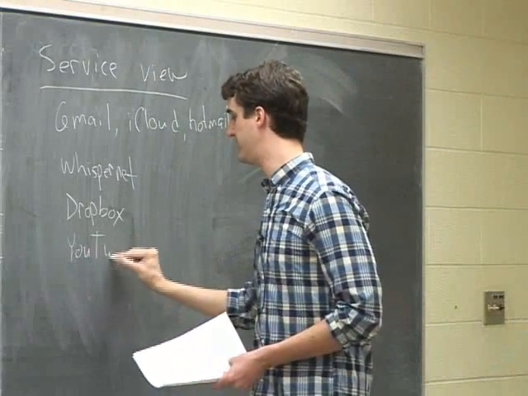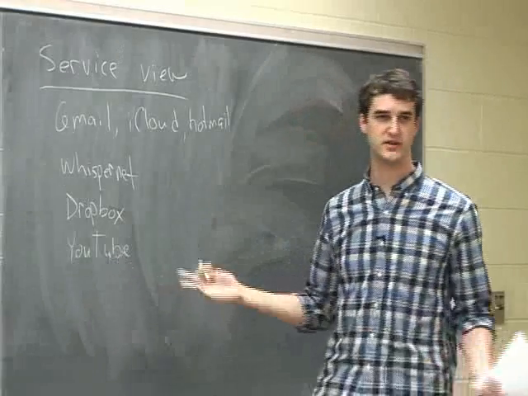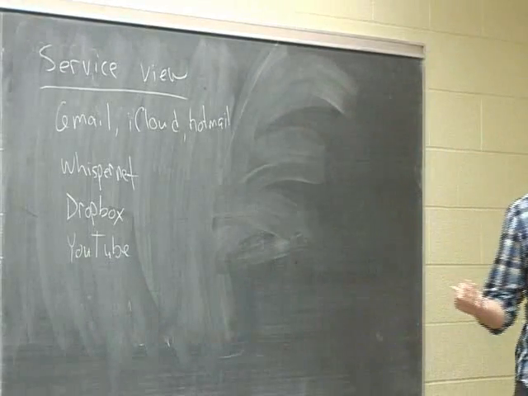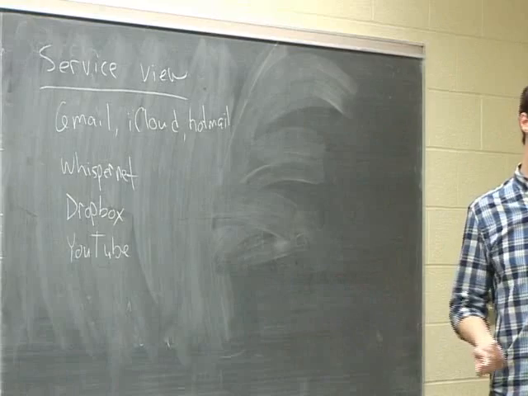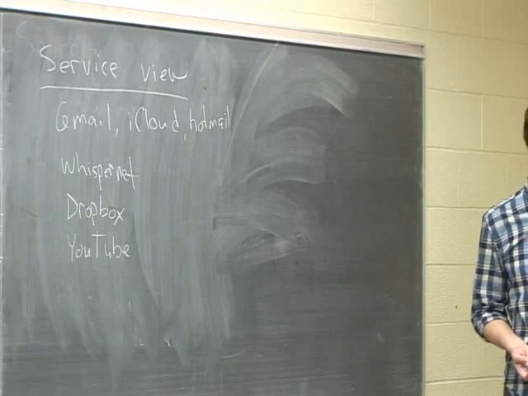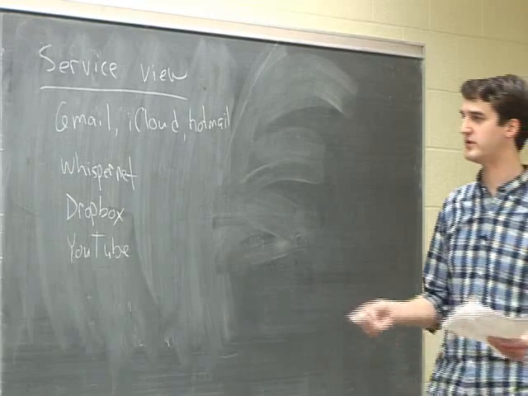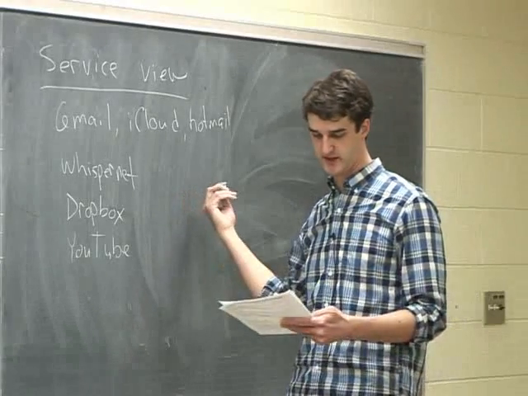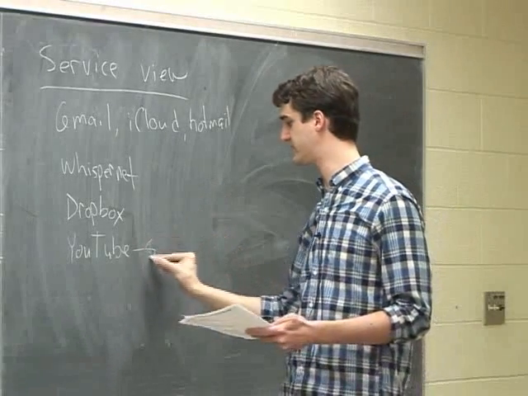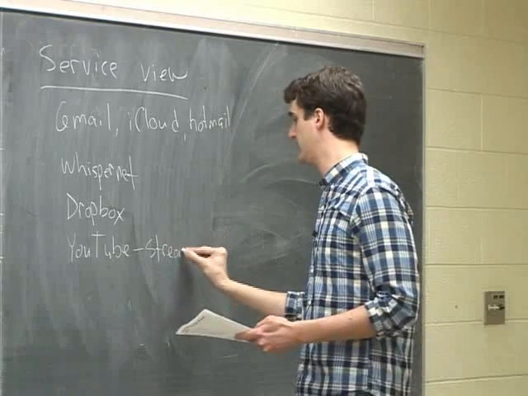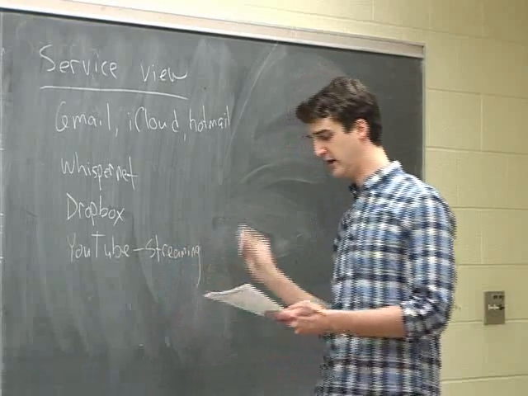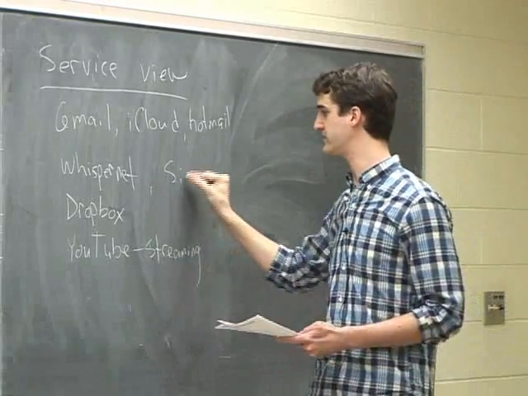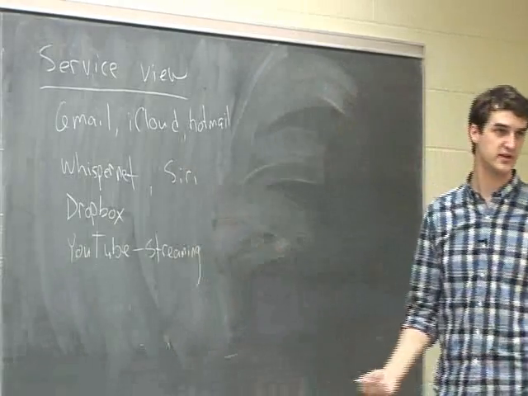So YouTube is essentially doing content distribution, but it's using data centers to do that. This is essentially just content distribution, like streaming video. Siri, I think, is a good example of a new cloud application.